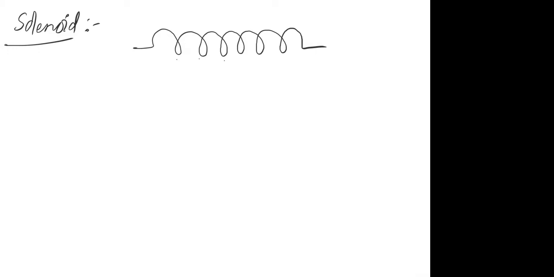But as I'm drawing this on the screen, I'm not showing you very close turns, but remember, in fact, these turns would be very close, right? You can simply assume that all the turns are stuck to one another. This is so close that they appear to be stuck to one another, right? So these are very close turns.